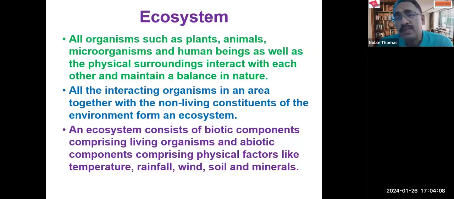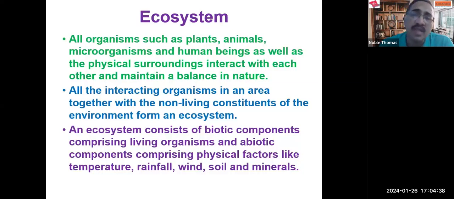In the majority of cases, the plants are the first step in the ecosystem, and they are the ones that can convert light energy into chemical energy, and that chemical energy is passed into the ecosystem, into the food chain or food web, and that is the driving force of an ecosystem. When plants and animals die, their bodies are decomposed by decomposers, and the nutrients are returned back to the soil.